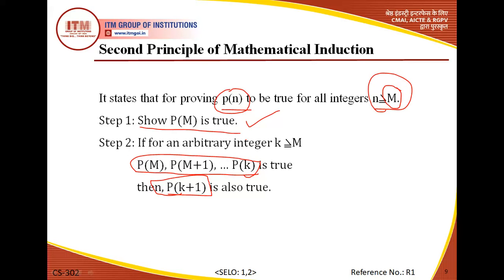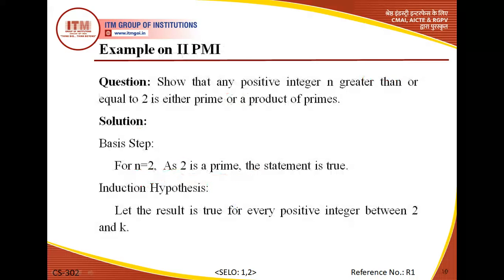Now we suppose that Pm plus 1 is also true, Pm plus 2 is also true, and so on, Pk is also true. We have let all of these statements, and then we are proving this result for Pk plus 1.